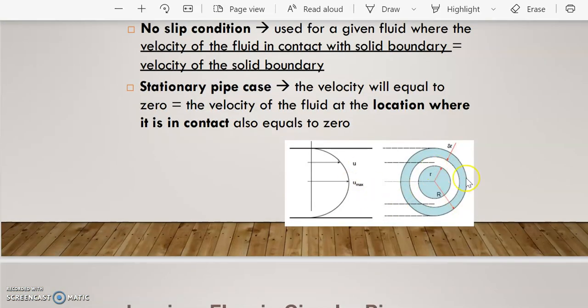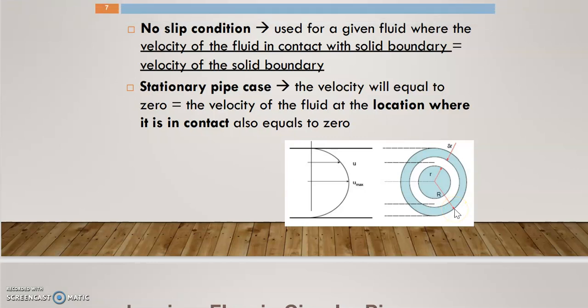Let's look at this figure. This is the cross section of the circular pipe. The R is the radius measured from the center of the pipe until the boundary of the pipe, the border of the pipe. This is the radius, capital letter R. Now we are talking about the velocity of molecules from the center to one location, which we label as small letter r.